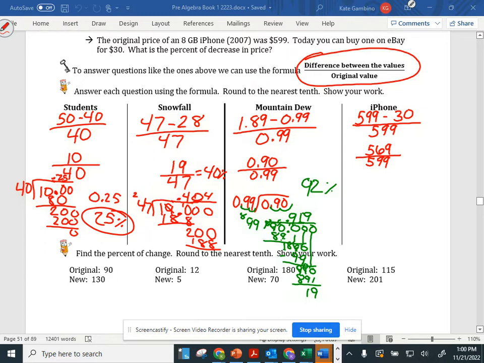So at this point, you should know that you had 599 minus 30 is 569. Our original price of the iPhone was 599. So we're doing 569 divided by 599.